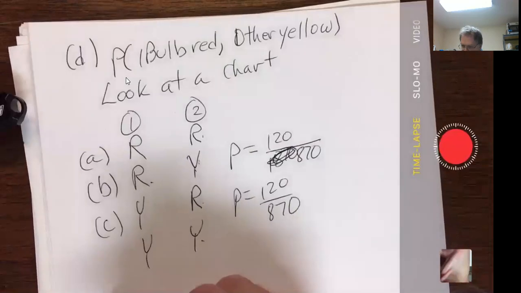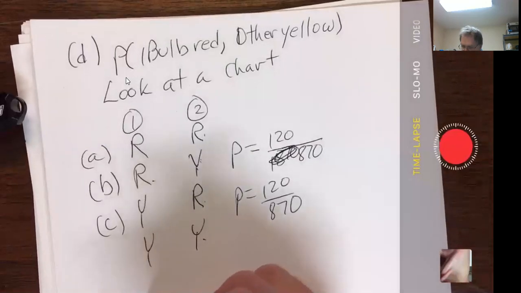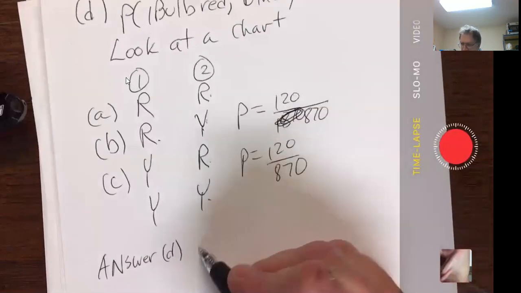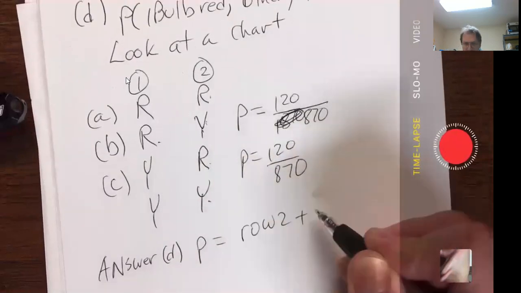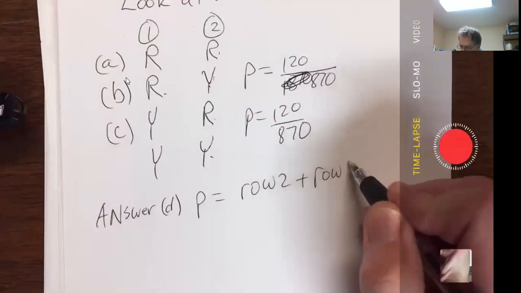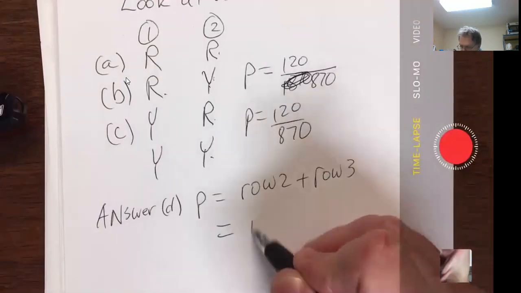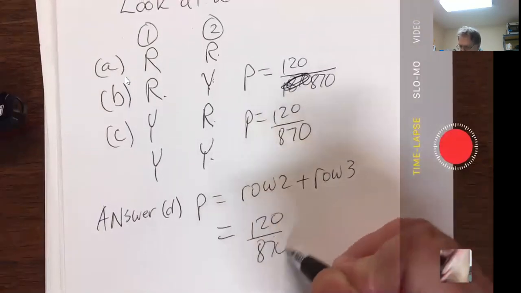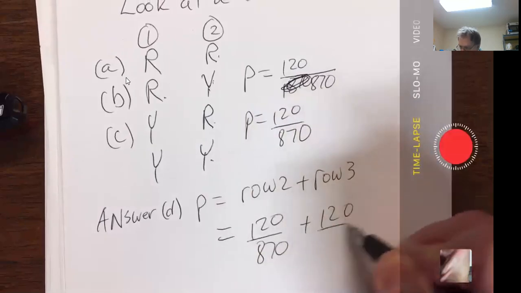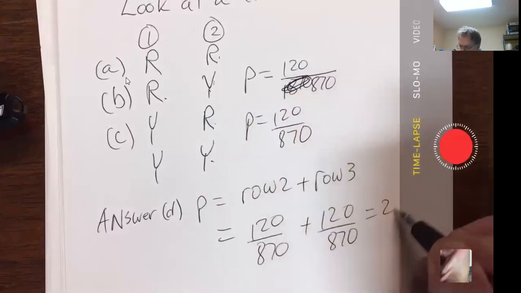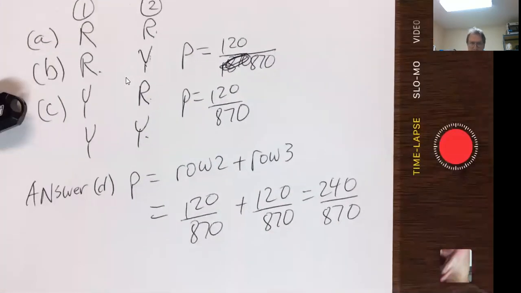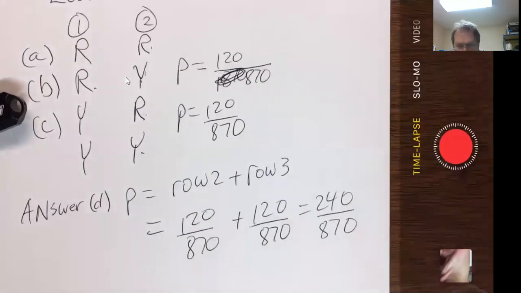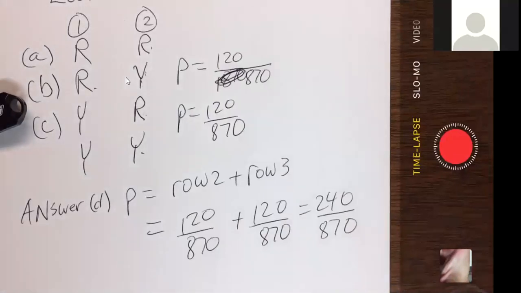So the answer to D is basically row 2 plus row 3, meaning 120 over 870, add another 120 over 870 to get 240 over 870. Questions about that? Got it. Thank you so much.